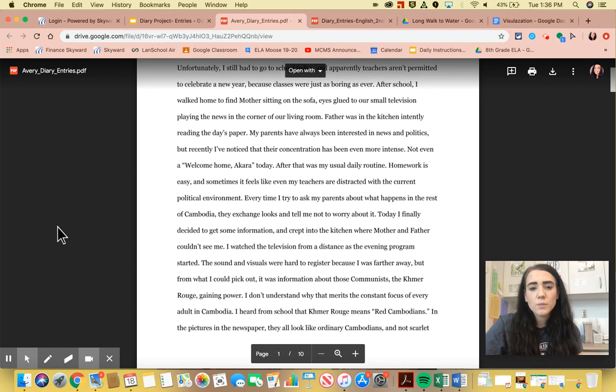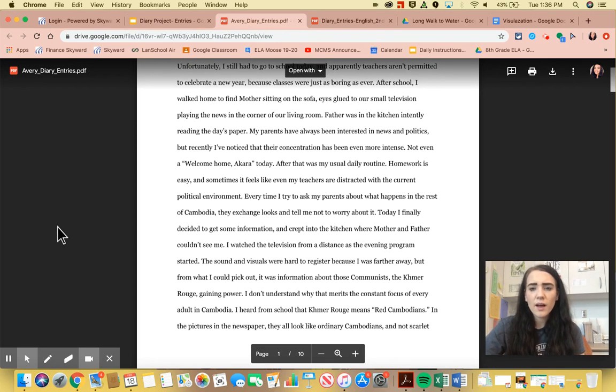After school, I walked home to find Mother sitting on the sofa, eyes glued to our small television, playing the news in the corner of the living room. Father was in the kitchen, intently reading the day's paper. My parents have always been interested in news and politics, but recently I've noticed that their concentration has been even more intense. Not even a welcome home Akara today. After that was my usual routine.